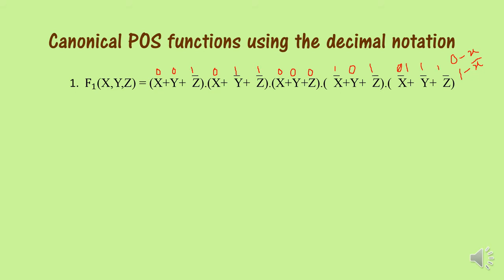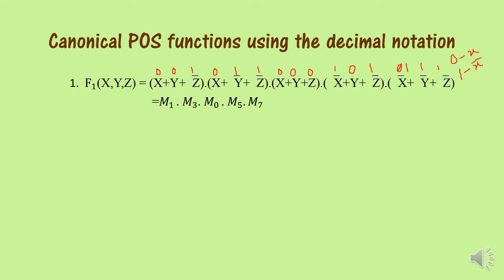So, 0, 0, 1 in binary representation is 1 in decimal. 0, 1, 1 means 3. 0, 0, 0 means 0. 1, 0, 1 means 5. 1, 1, 1 means 7. So, what is the function? That is M1 dot M3 dot M0 dot M5 dot M7. Why is it represented by capital M?